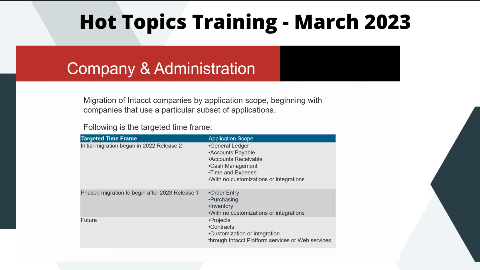The phased migration will continue with this release, which will include order entry, purchasing, inventory, and any other non-customizations. And you will also see future integrations within projects and contracts.